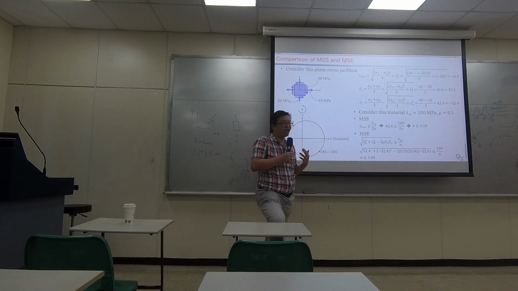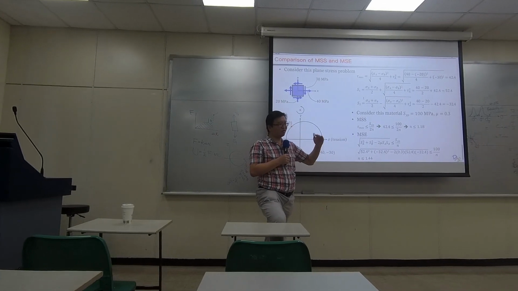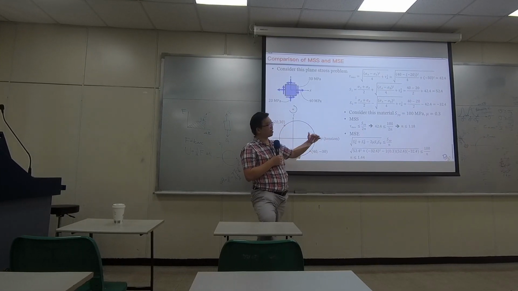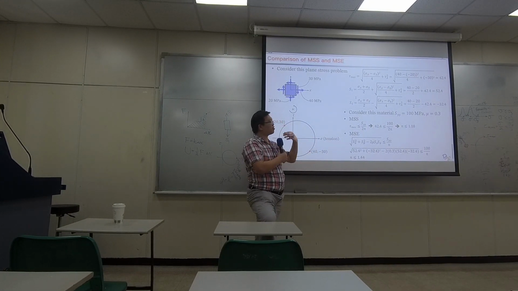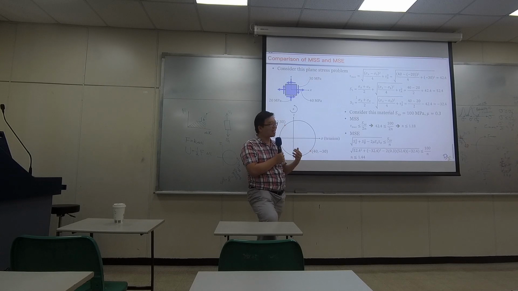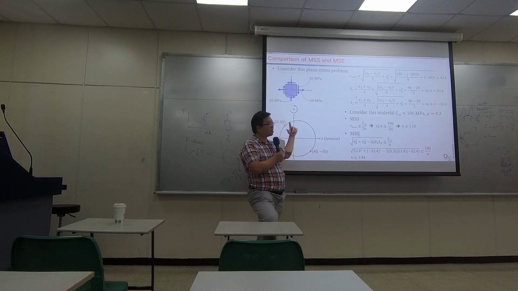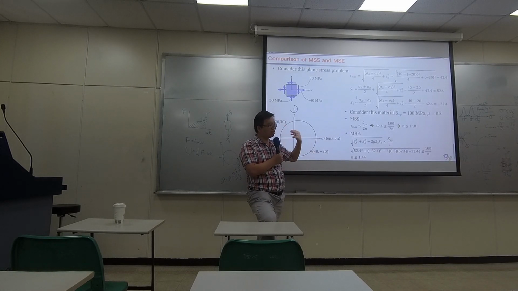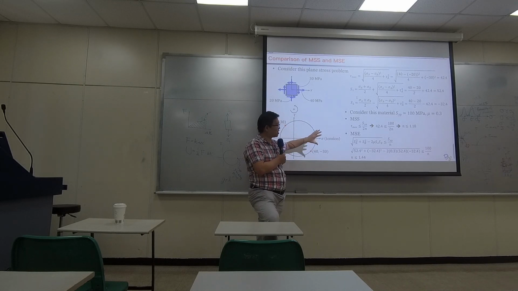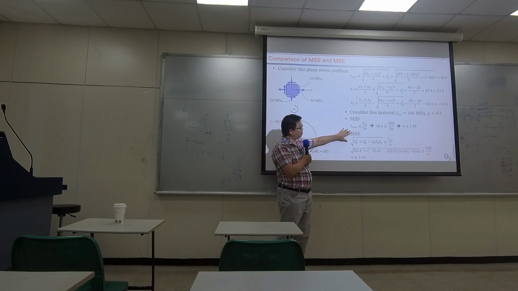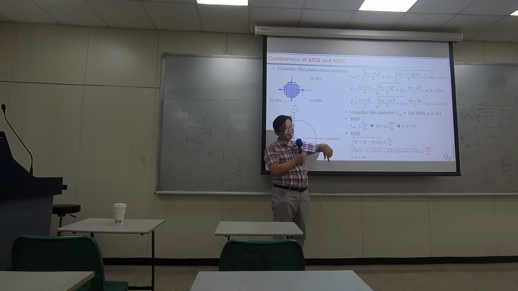That means it's warning you your safety level is low. We are conservative, your safety level is low. If I try a different model that's less conservative, that different model could tell me something different. The estimation of my safety level could be higher because the concept of the strain energy model is less conservative.